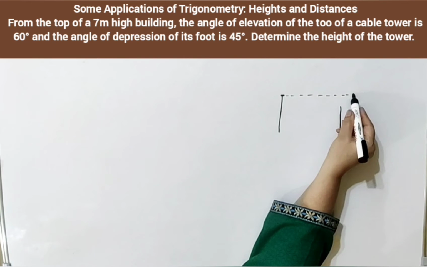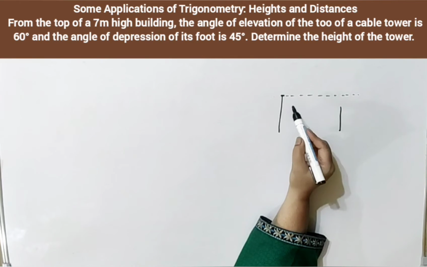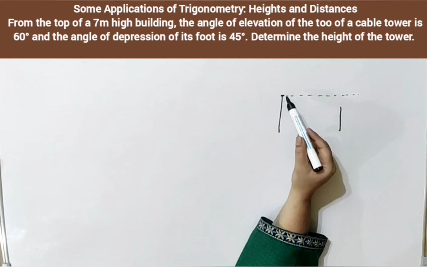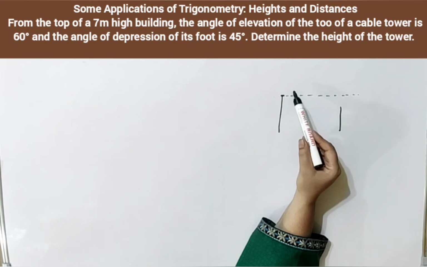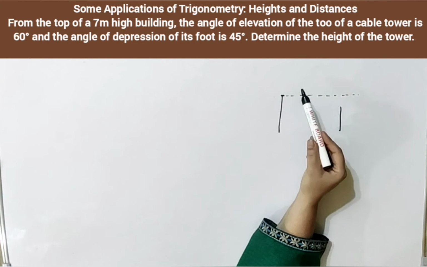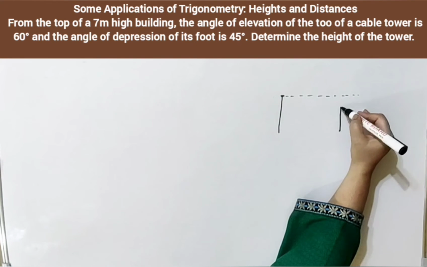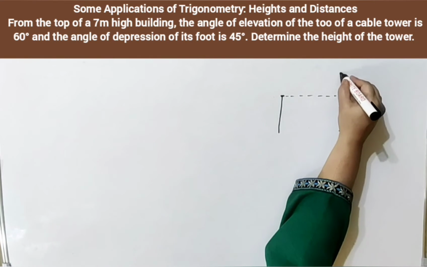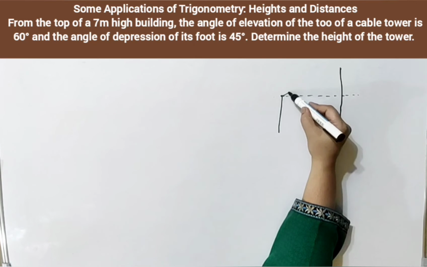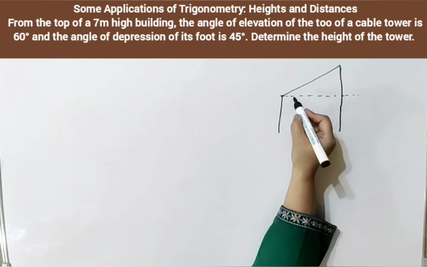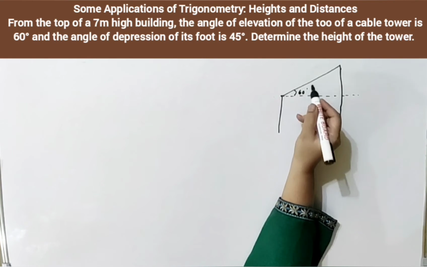Now the angle of elevation means the line of sight is above the point of observation, which means the object is above the eye level. So the tower is actually bigger than the building, because the angle of elevation is with the top of the cable tower. It is at a higher level and the angle given is 60 degrees.